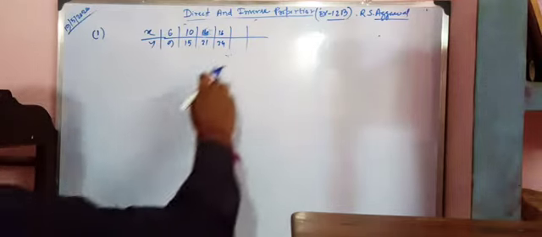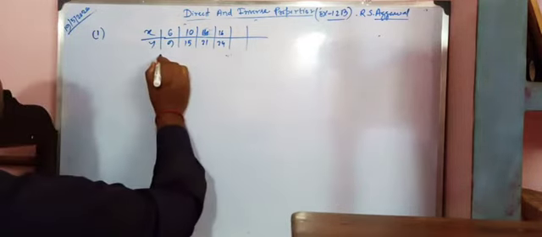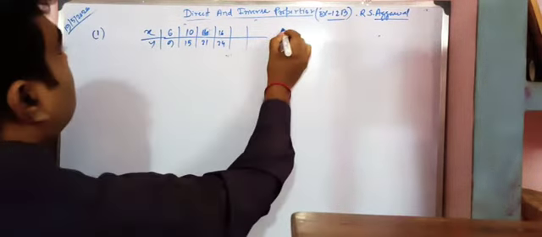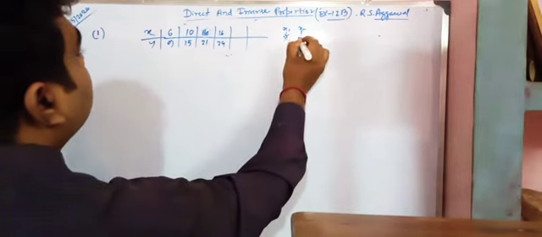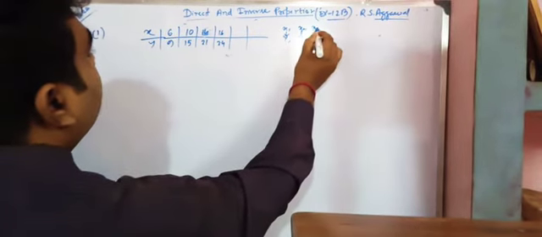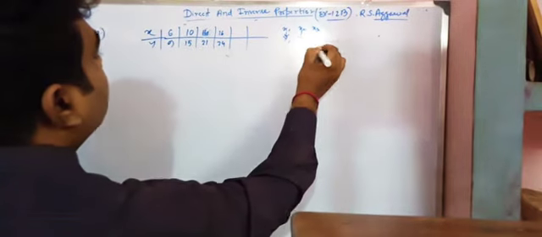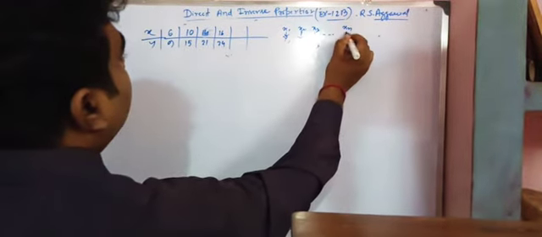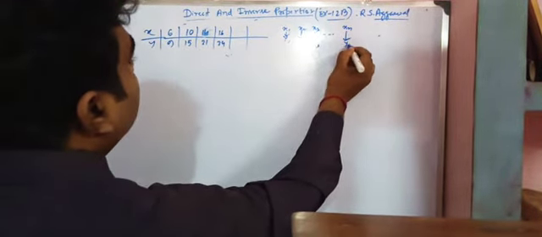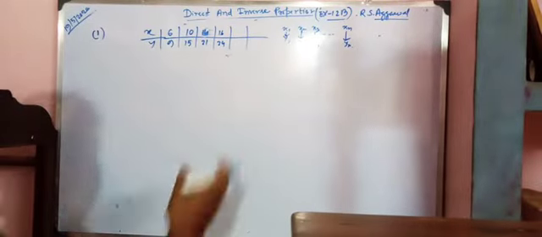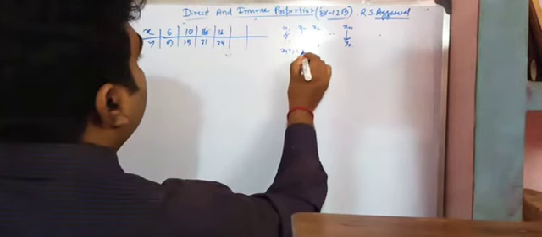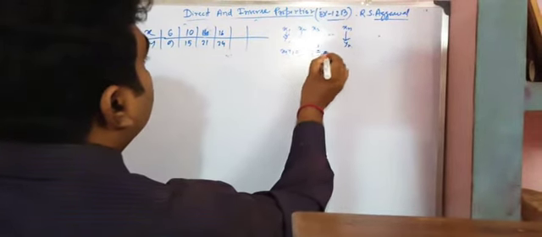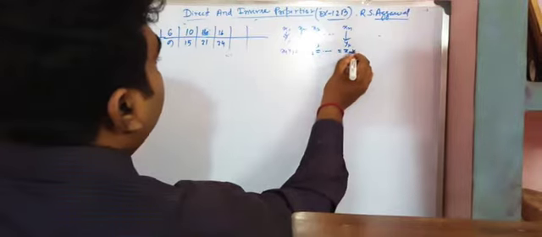Now we know that if we have quantities x1 related to y1, x2 related to y2, x3 related to y3, and xn related to yn, we can write x1 y1 is equal to x2 y2 is equal to xn yn.